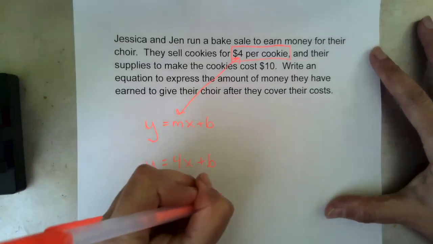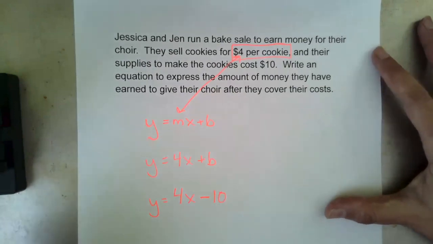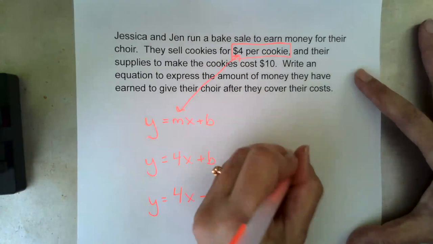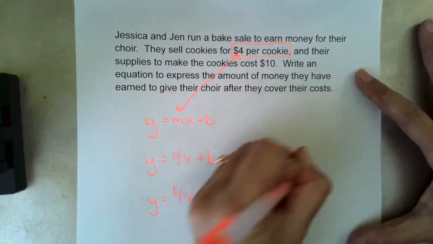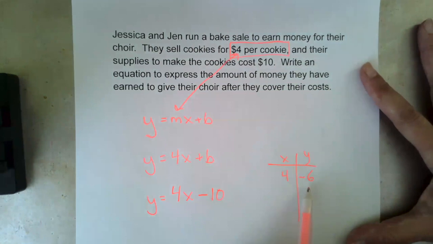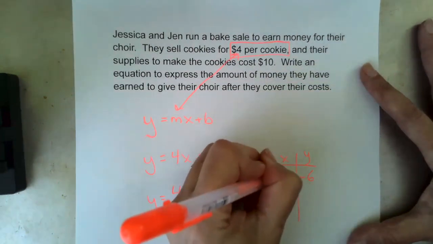They have $10 of debt that they have to overcome before they start earning money for their choir. So when they sell one cookie, 4 minus 10, they will still owe themselves $6. Whoopsie, I said 4 and that meant to be a 1.